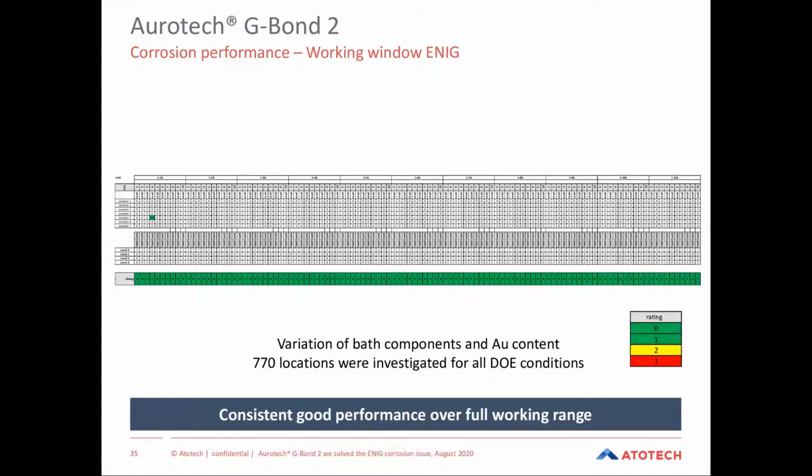But I have to say that these are conditions of the working window where the bath is far out of range, where the complexing agents, for example, are at just half of the target concentration. So this was the working window to see where we can operate the bath. And if we now tighten the spec ranges which are in the TDS, we can be really sure that the process works without any corrosion.